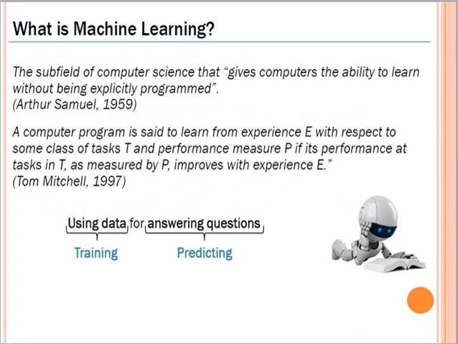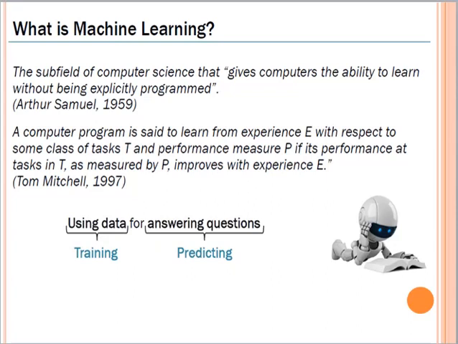So this was basically a very basic level definition of machine learning. If we formally define machine learning, we can say that it is a subfield of computer science that gives computers the ability to learn without being explicitly programmed, right? This is very important here: we want the systems or computers to learn or evolve their behavior from some kind of data by passing through some training mechanism, right?